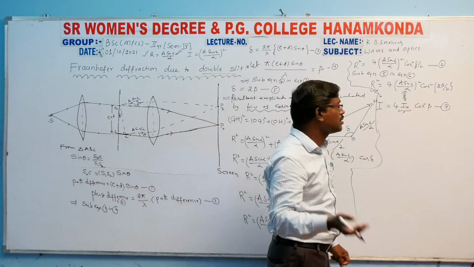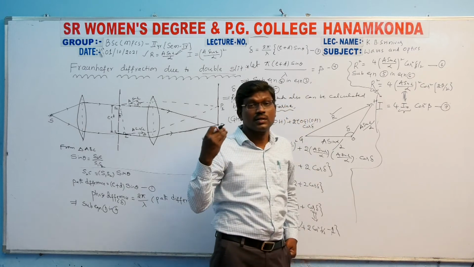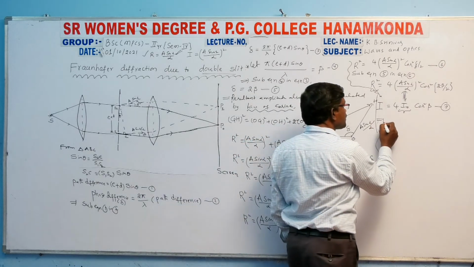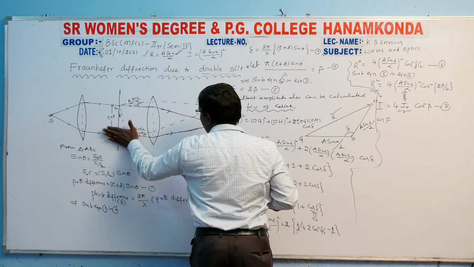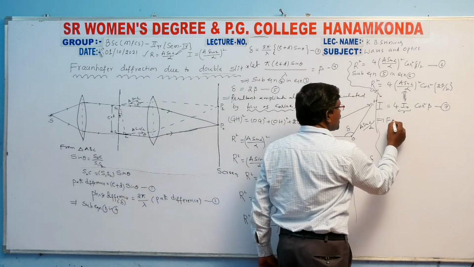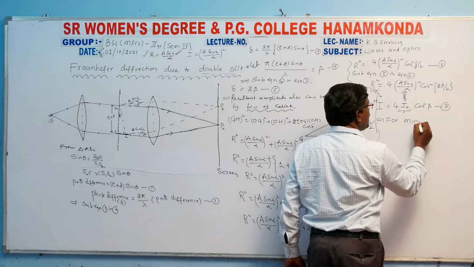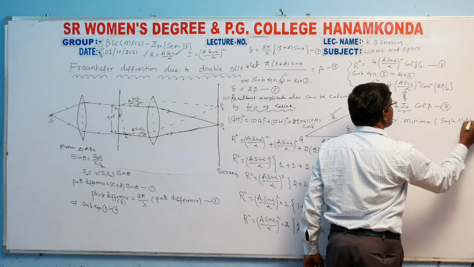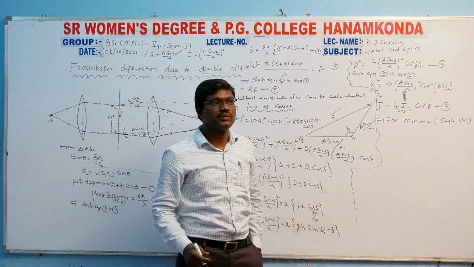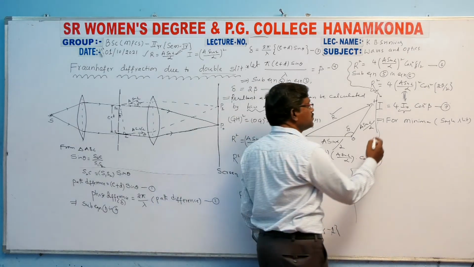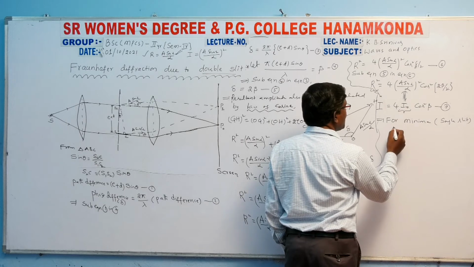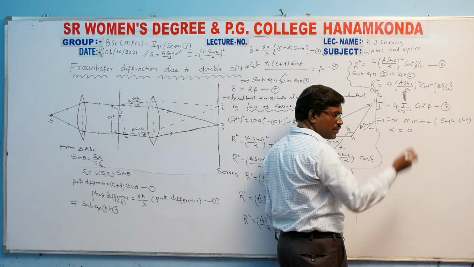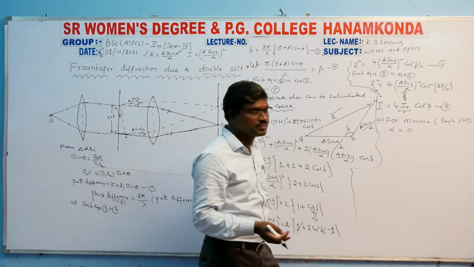So just remember, what is the condition to get a minima in case of single slit? For minima, when we are having only a single slit, what is the condition? When alpha is equal to 0, we get minimum intensity. Just remember the Fraunhofer diffraction due to single slit.